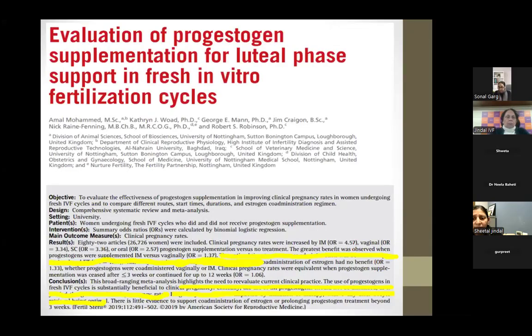And then coming to the most recent analysis on the evaluation of progesterone supplementation for luteal phase, I'm so sorry, there is some confusion over here. So this was an evaluation of progesterone supplementation for luteal phase in fresh IVF cycles. This meta-analysis concluded that intramuscular progesterone is probably the one which should be used.